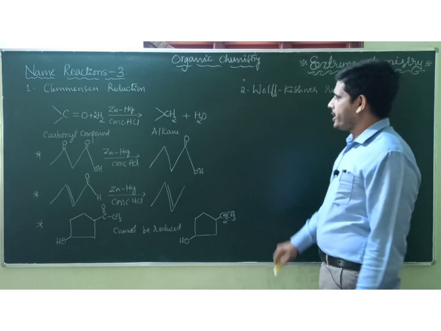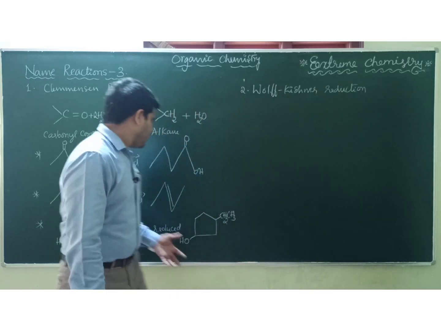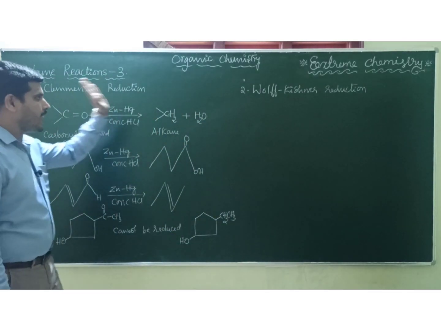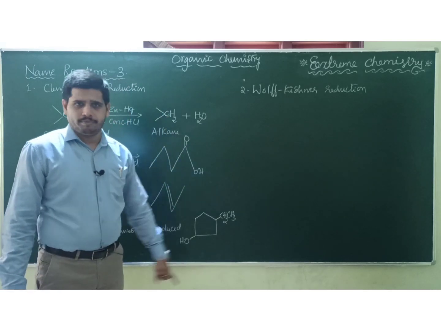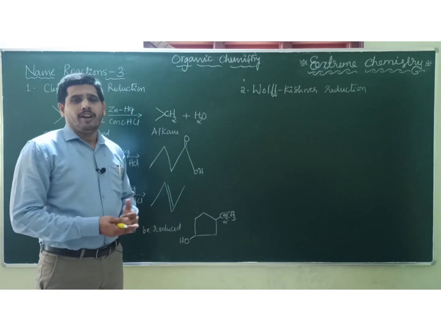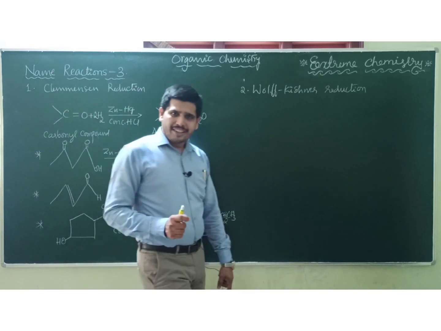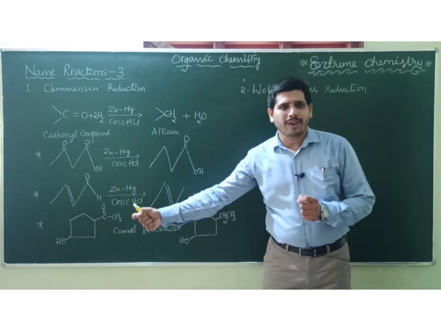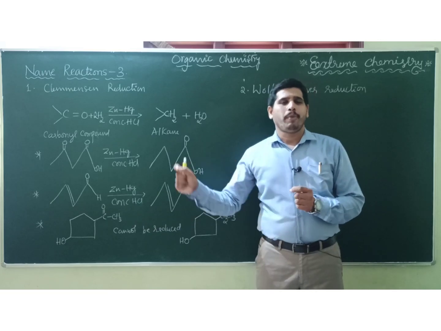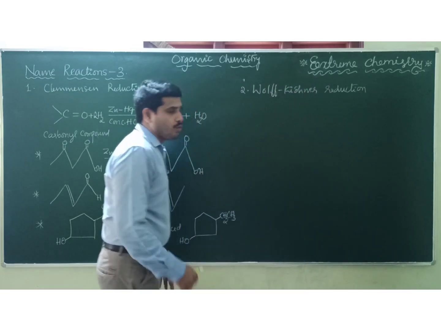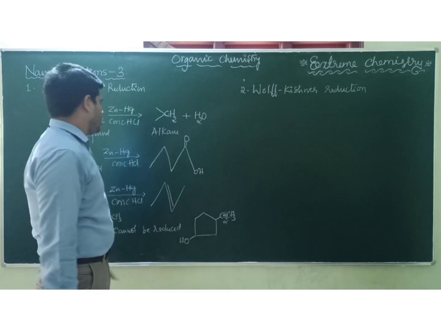What is this reaction? It is also similar to Clemmensen's reduction. The reactant and products are the same, but the pathway or route of the reaction differs. We have the same starting point and the same end point, but the path in which this reaction progresses is different. In what way it is different, let us understand now.